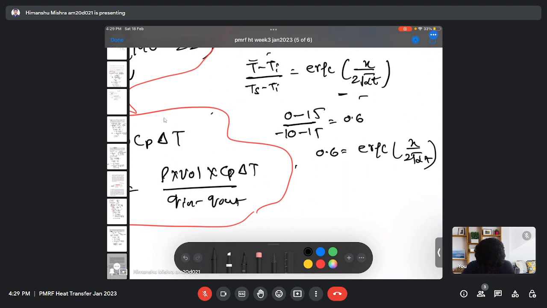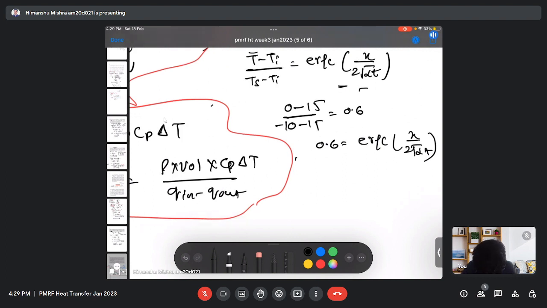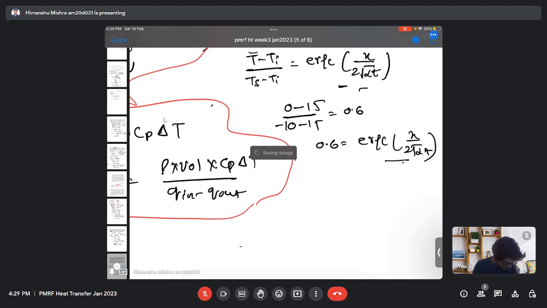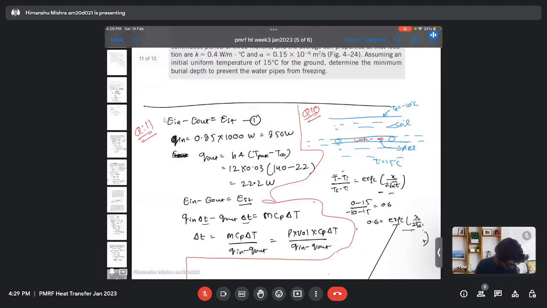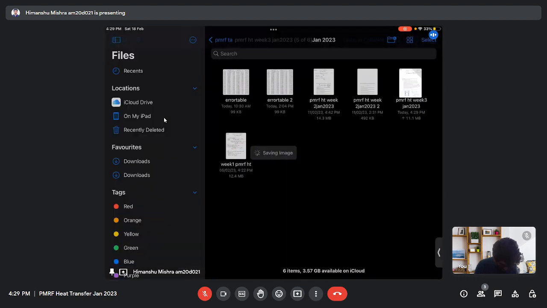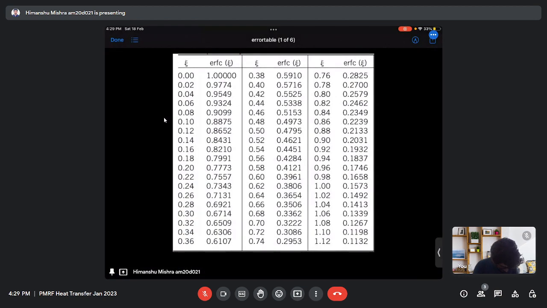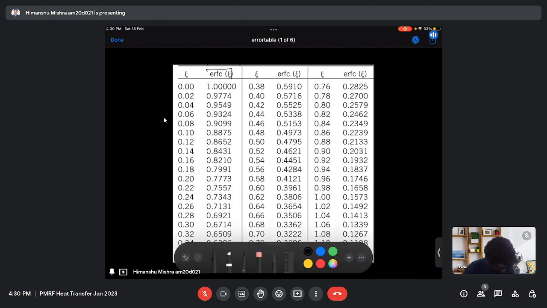From the graph, we can select the value of this error function. So we can use the graph. This error function is equal to 0.6 here, which we calculated from the temperature variation.